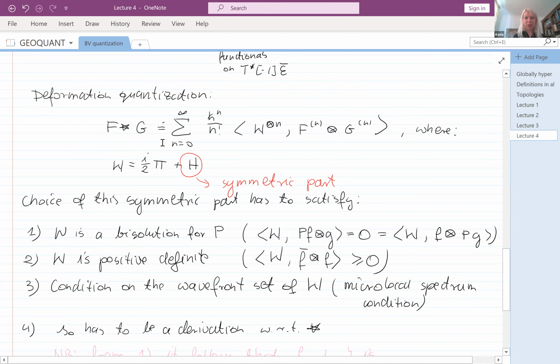Those functionals I can take to be exponentials, and then all these things become convergent. So in free theory you can do more by specific choice of observables and topologies, because I have said nothing about the topologies on the space of functionals.